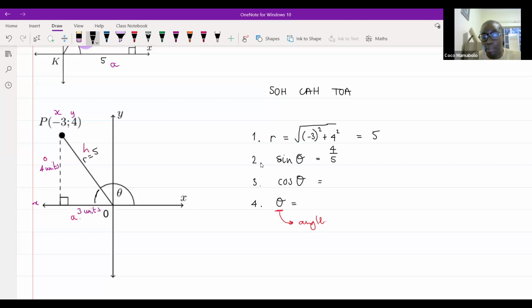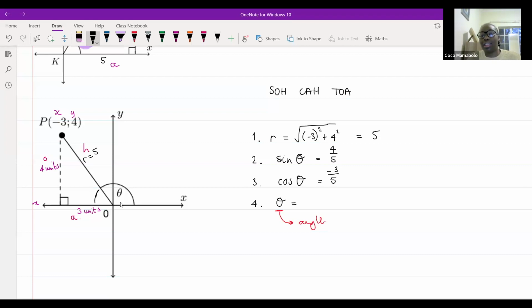Now, here's the tricky part. For cos, the adjacent is moving in the negative direction, so it's not just 3 over the hypotenuse of 5, it's -3 over 5. Our x value, or adjacent side, actually has a distance of -3.